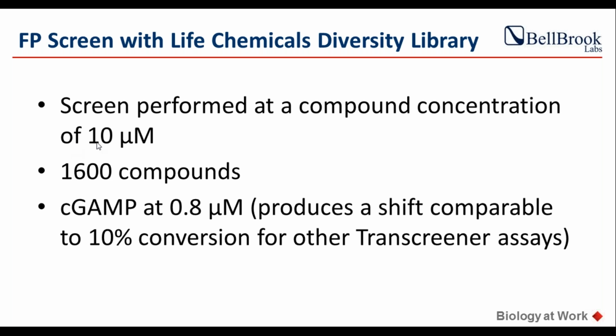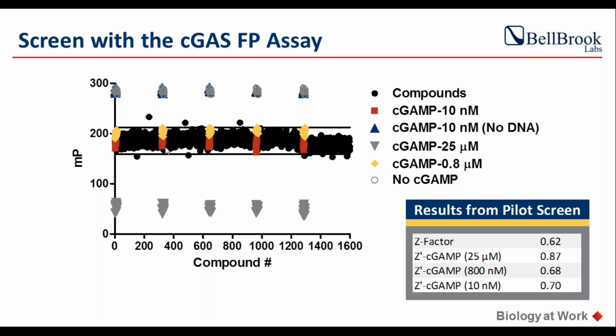The screen was performed at 10 micromolar, and we used cGAMP at 0.8 micromolar as our control. It produces around 10% conversion, the same amount of MP shift that we get. All these black dots are the 1,600 compounds tested, and here are all the controls. This is cGAMP at 25 micromolar, a really saturating concentration, as you can see with the lower number.